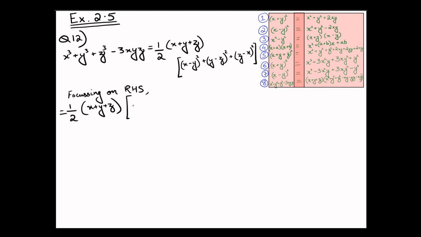For the first one, I get x square plus y square minus 2xy. Expanding the second term, I get y square plus z square minus 2yz. Expanding the third term, I get z square plus x square minus 2zx.